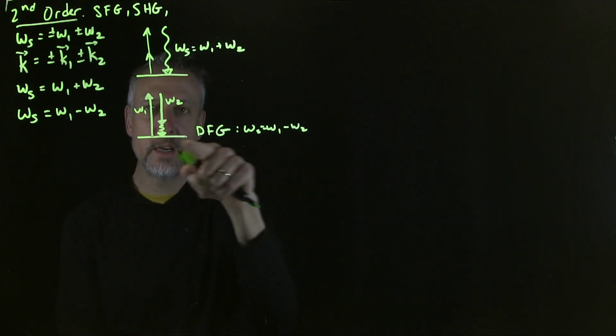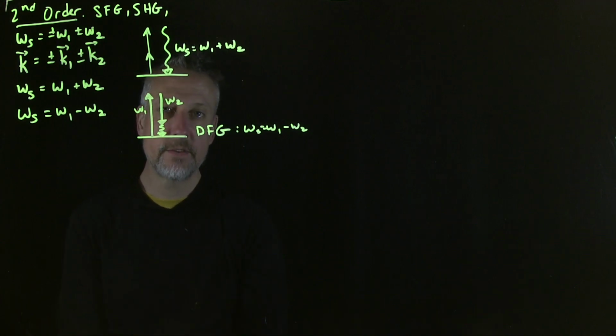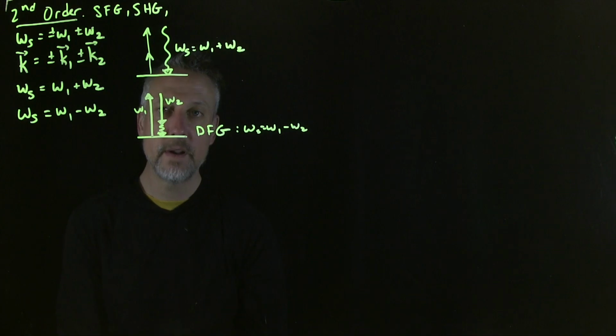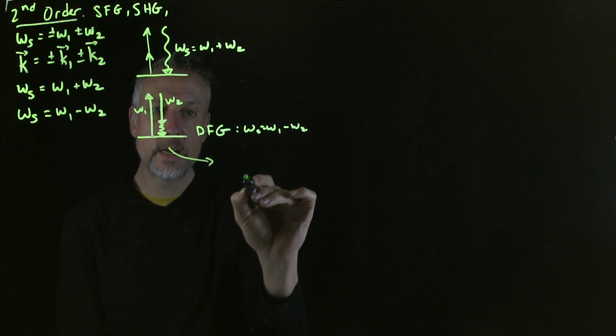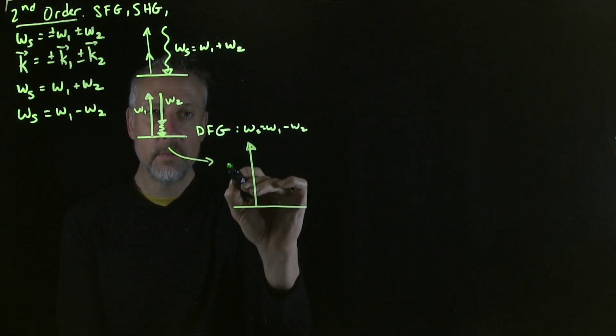This DFG is actually used in 2 different optical applications in spectroscopy. Depending on where it is on your table and who you are, this can be called different things, but they are actually the same exact phenomenon. What we usually do is call the big one here the pump.